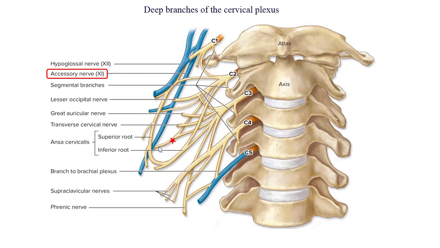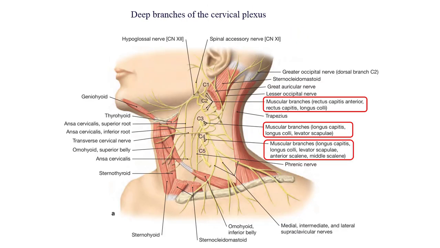So in this way, the cervical plexus anastomoses with the accessory nerve and contributes to innervation of the trapezius muscle.